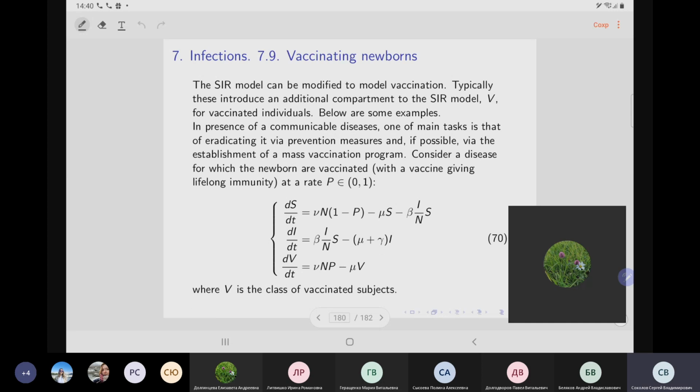And the last model is with vaccination. There is a huge number of models with vaccination, but just a simple example. We consider a model in which we vaccinate the newborns, and the vaccine gives lifelong immunity, like polio, for example.